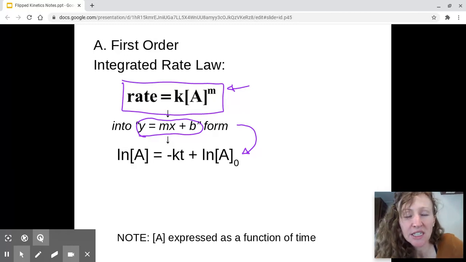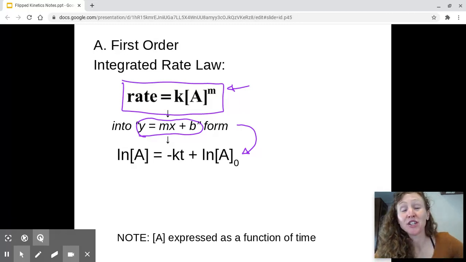If you're currently in calculus, this would be a good thought experiment: try to integrate that form yourself and see if you can see how they come up with the integrated rate law. If you're not in calculus yet, you can look forward to this in the future. And honestly, it's not worth our time to walk through how to do this.